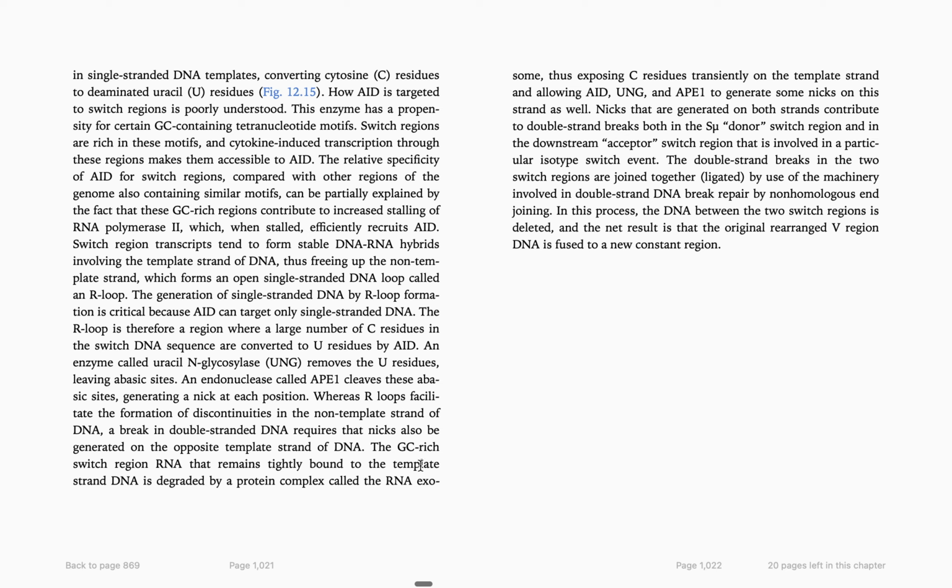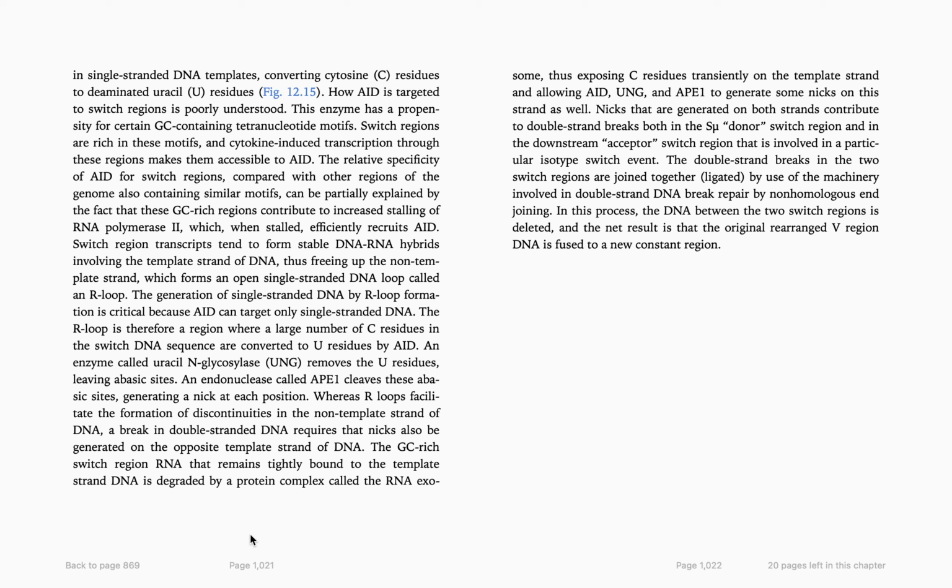The G-rich switch region RNA that remains tightly bound to the template strand DNA is degraded by a protein complex called the RNA exosome, thus exposing C residues transiently on the template strand and allowing AID, UNG, and APE to generate some nicks on this strand as well.